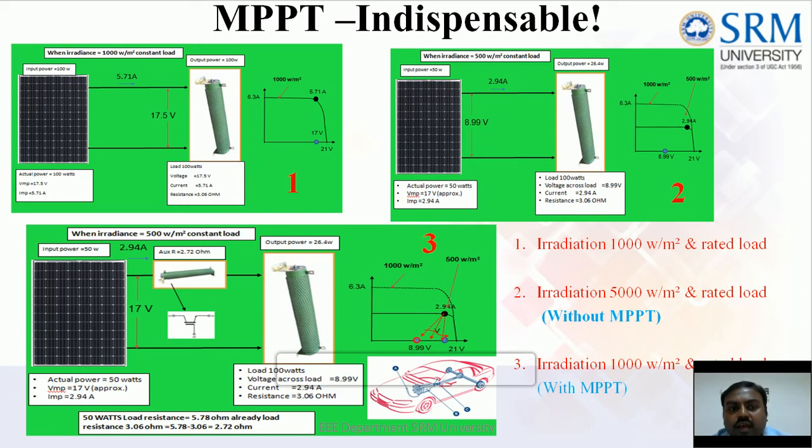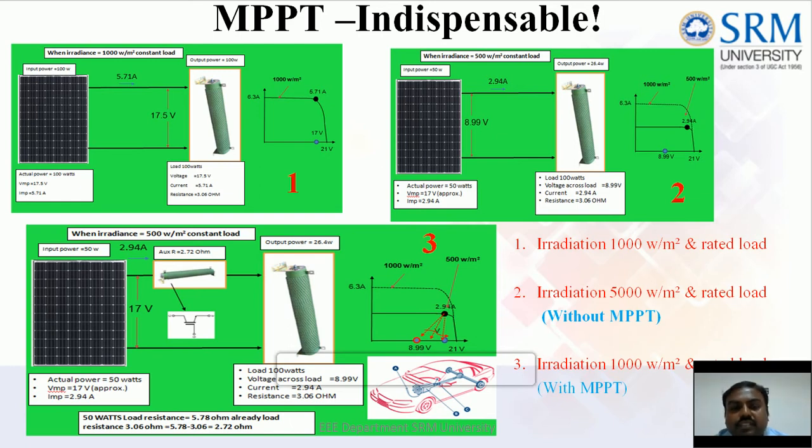Imagine a 100 watts panel whose VMP is 17.5 and 5.71 is its ISC. So when you product that, approximately you may get 100 watts. And I have calculated my R load value to be the maximum, so that it will yield you Pmax.